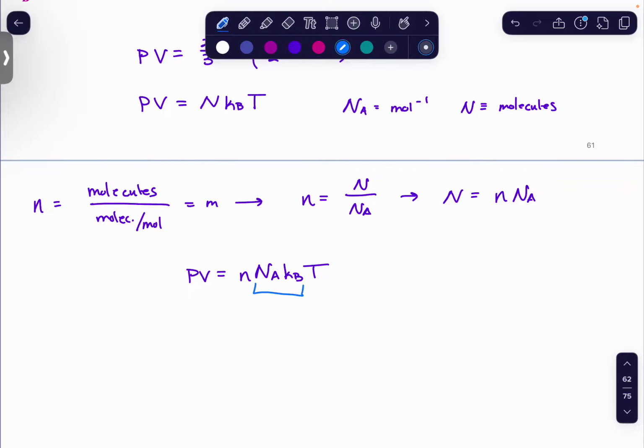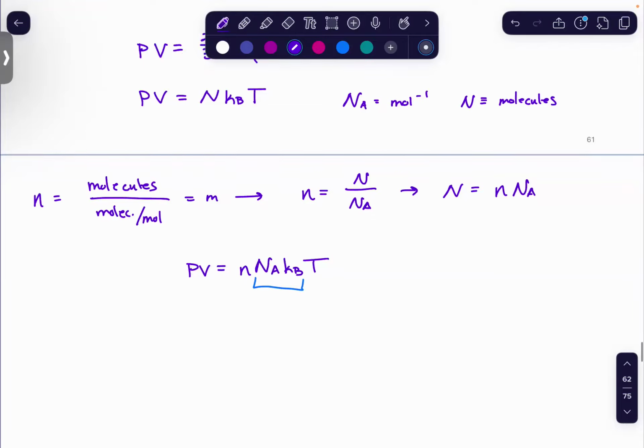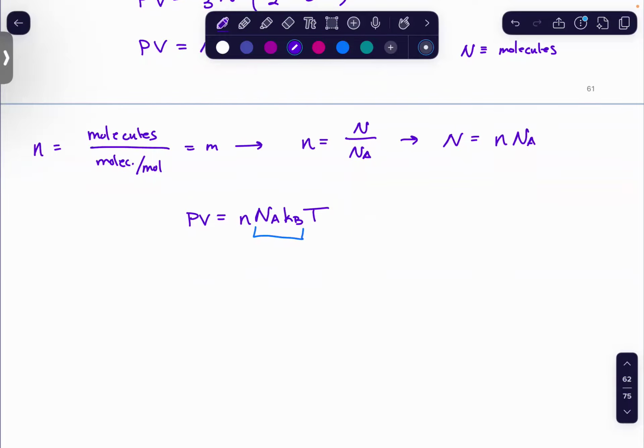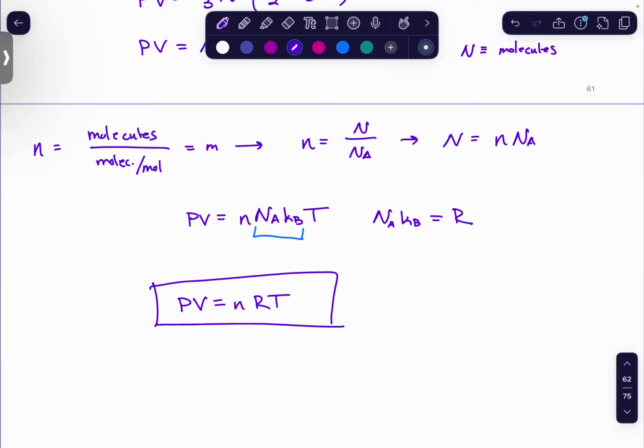It's this NA kB. NA kB is in fact Avogadro's number times the Boltzmann constant equals R. So once we realize that through advanced thermal chemistry, we have PV equals nRT, and we have our ideal gas law. Okay, so kind of a fun little derivation, or maybe not. I guess it just depends on how you feel about it.